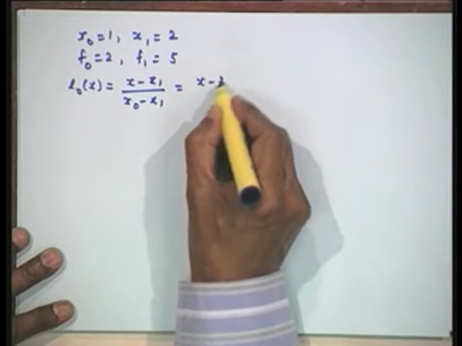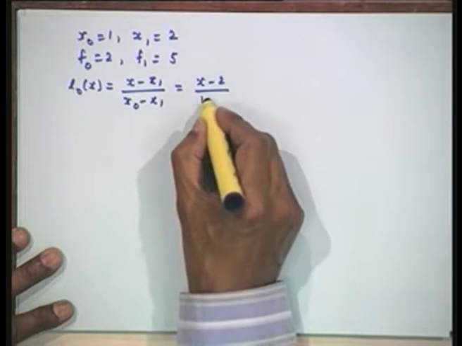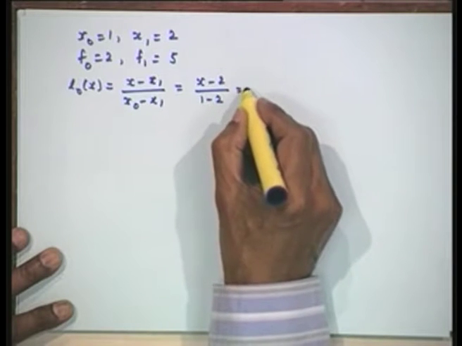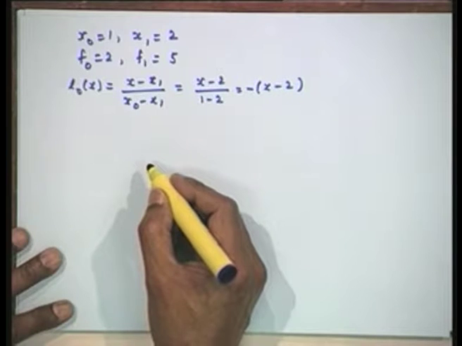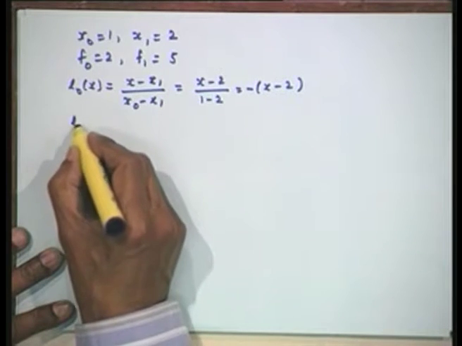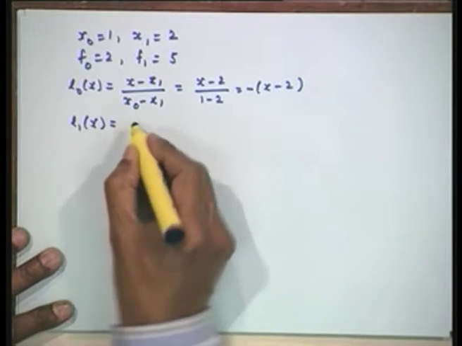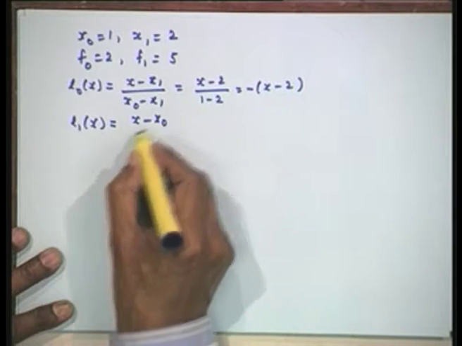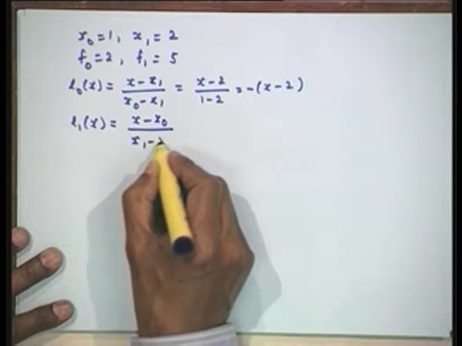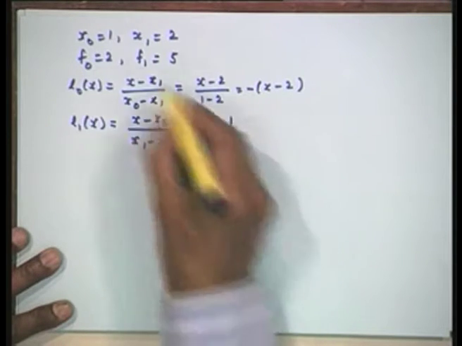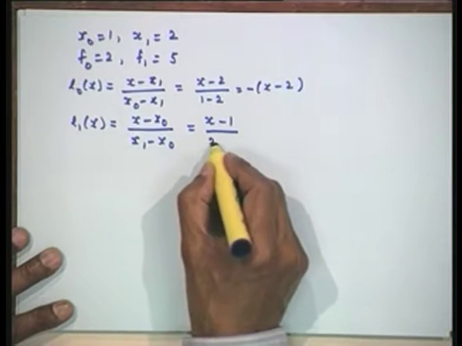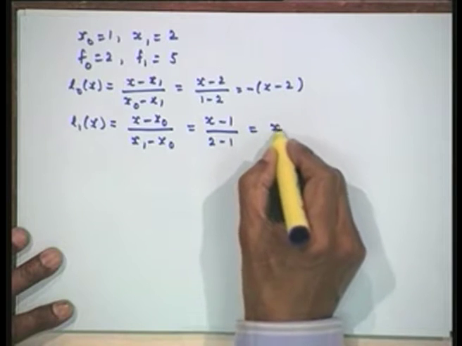Therefore, this is x minus 2 divided by 1 minus 2. So, that will be minus of x minus 2. L1(x) is x minus x0 divided by x1 minus x0. So, that is x minus 1 from here and 2 minus 1, that is equal to x minus 1.